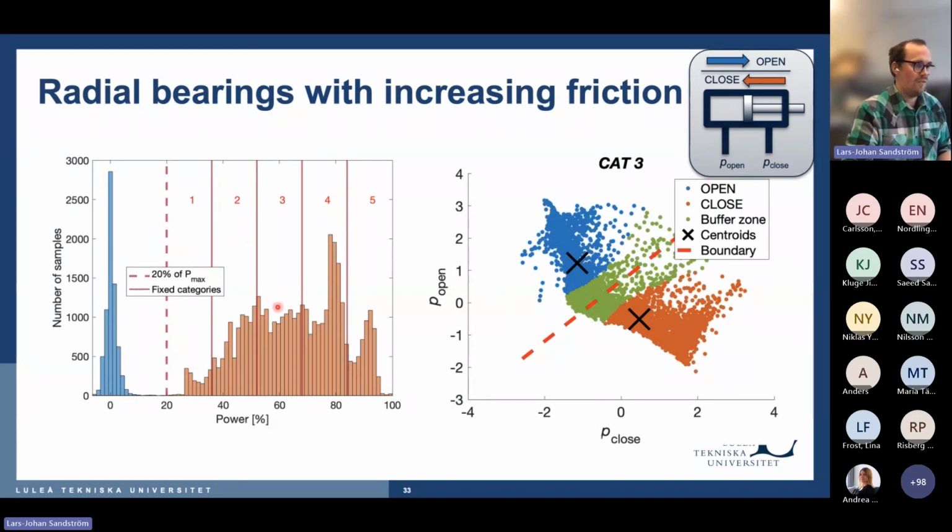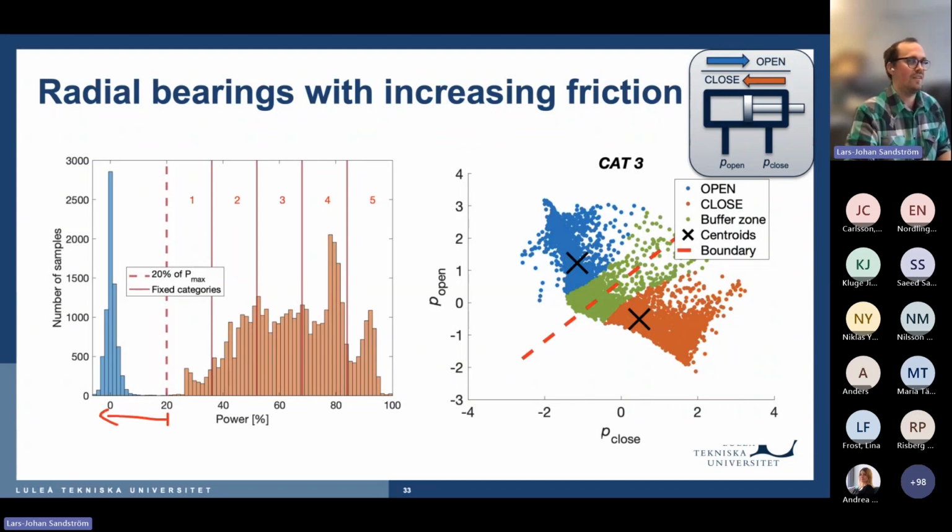So if we look at the data first, in the left plot here, we have the power spectrum on the x-axis and number of samples on the y-axis. If we look at the data a bit under 20%, here we have much of the starts and stops of the turbine.